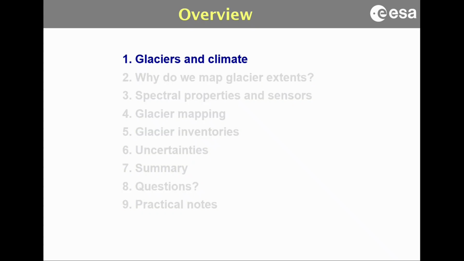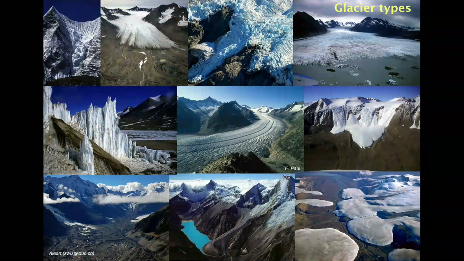Okay, let's start with glaciers and climate. As you might know, we have roughly 275,000 glaciers on this planet, according to the latest global inventory that we have.